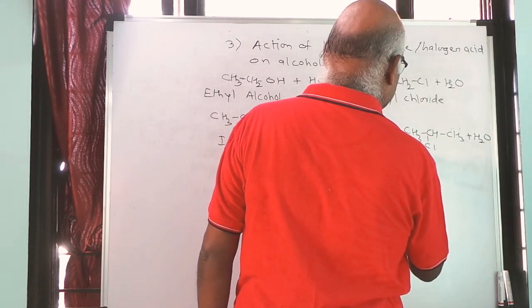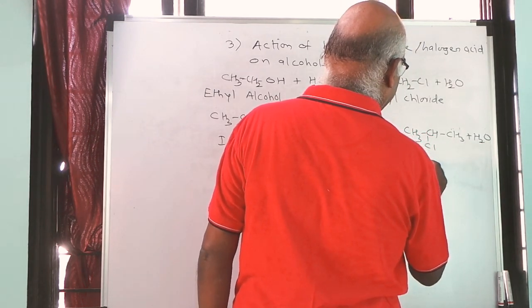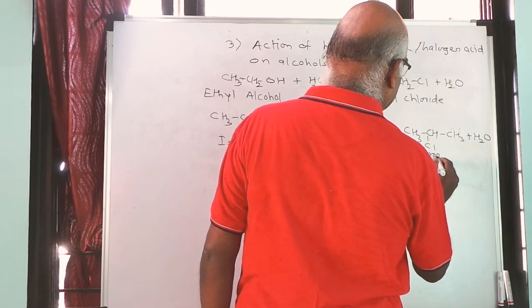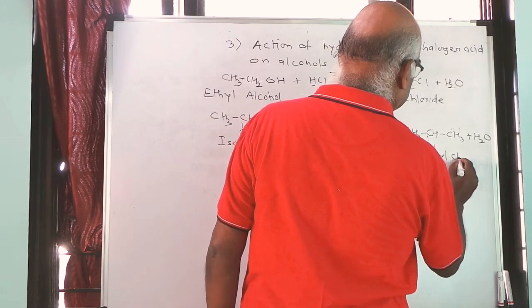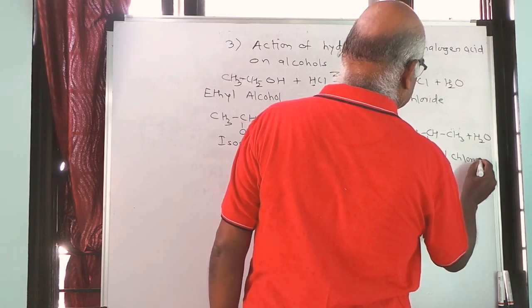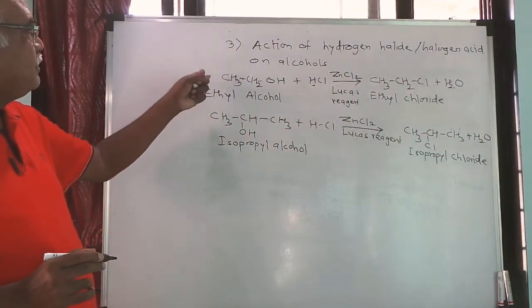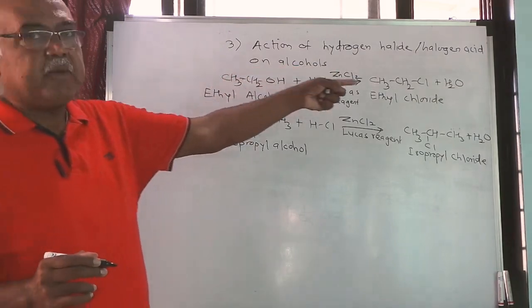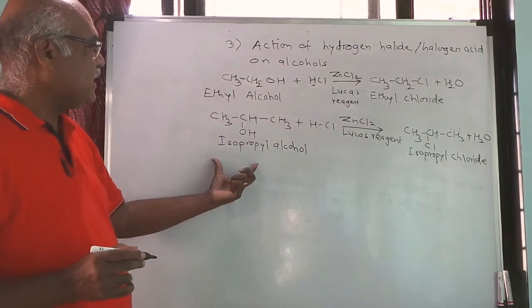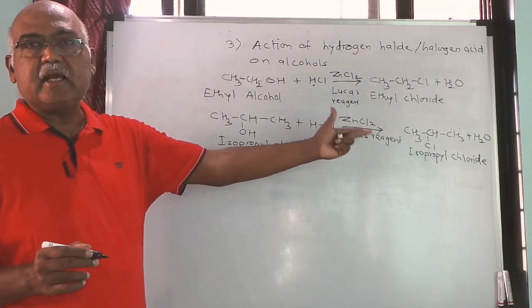You get isopropyl chloride. That means when I take primary alcohol, I get primary alkyl halide. If I take secondary alcohol, I get secondary alkyl halide.